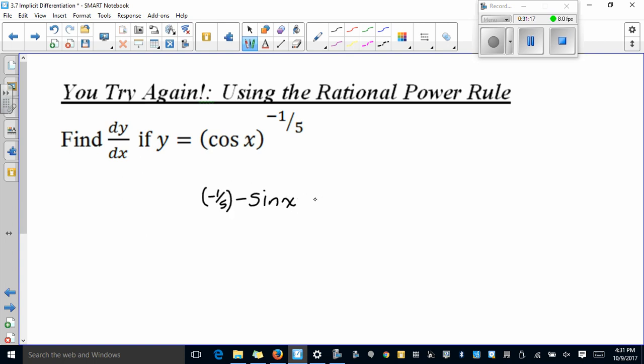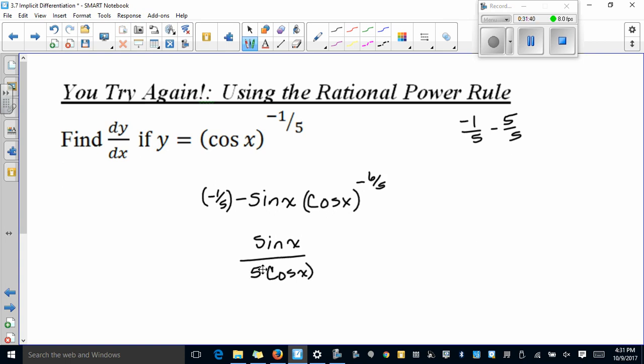Negative 1 over 5 minus 5 over 5 gives us negative 6 over 5. So I get sine of x over 5 times cosine of x to the 6/5 power. And there you go. That's fine. We can leave it as such. Yeah, we can play with trig a little bit on this one, but then we'd still have 2 trig functions.